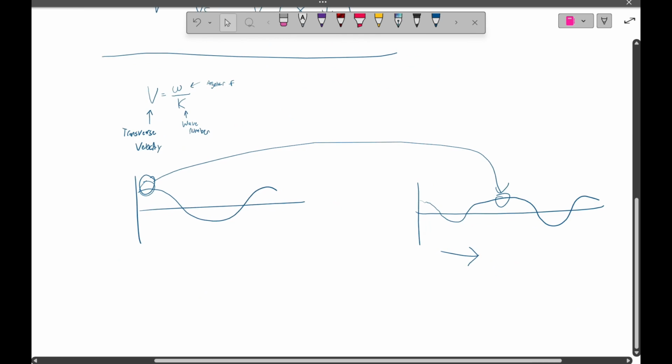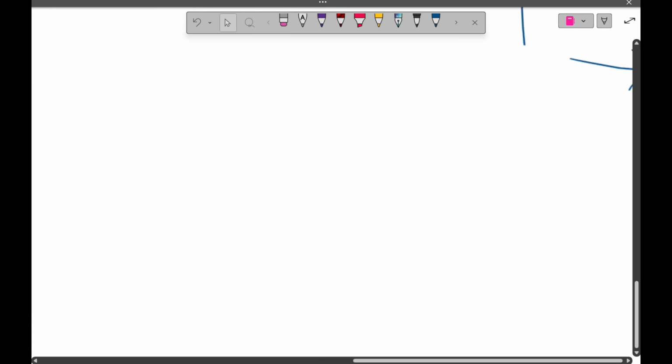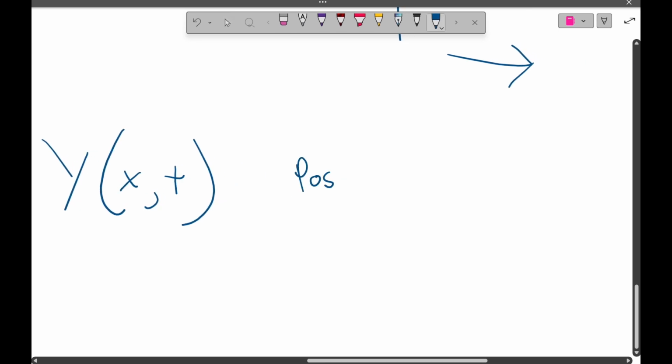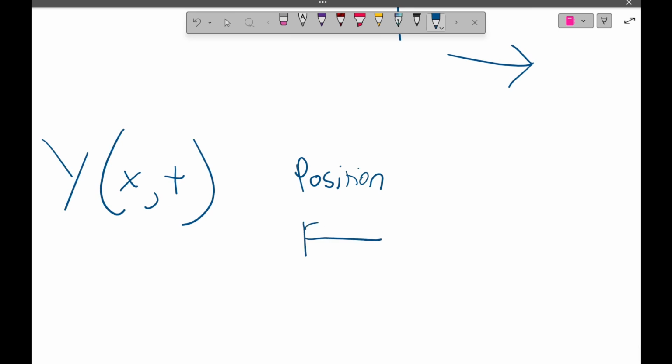You don't want to confuse this with taking the partial derivative of the y position, because, okay, we have y of x and t, and like I mentioned earlier, this is position on the string, but in the up and down direction.